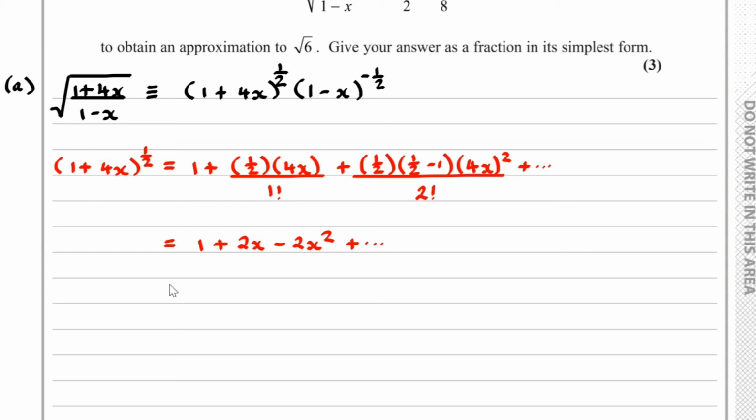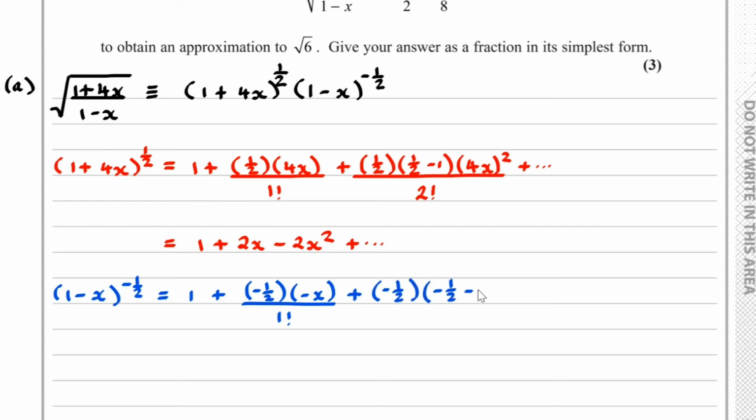Next, if we deal with the 1 subtract x to the power of negative 1/2, first term is 1, next term is negative 1/2 times negative x divided by 1 factorial, and for the term after this, we've got negative 1/2 times negative 1/2 subtract 1 times negative x squared divided by 2 factorial, and then we've got higher order terms.